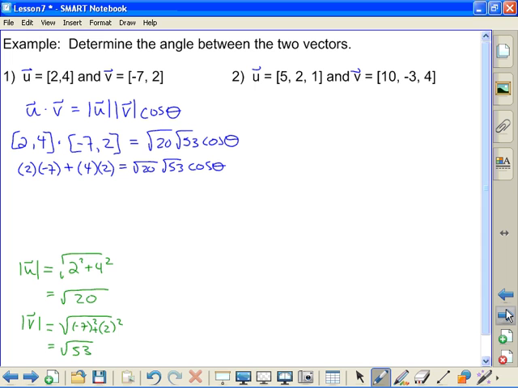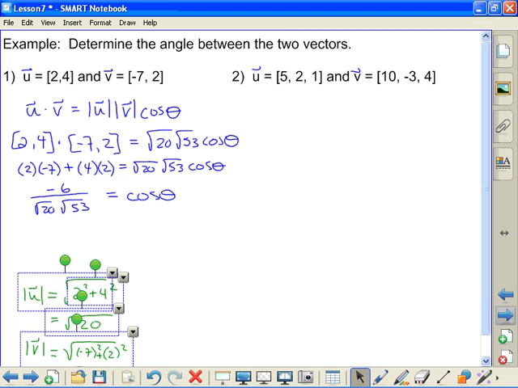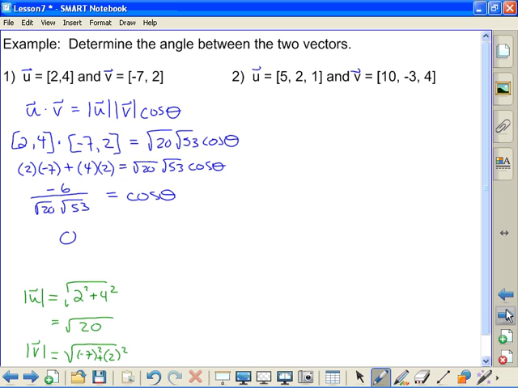So in the numerator, I'm going to have negative 14 plus 8, negative 6, divided by square root of 20, square root of 53, equals cos theta. I'm looking for the angle between them. So that means the angle theta would be cos inverse. And again, you don't have a calculator, so you're just leaving it in its raw form for me.